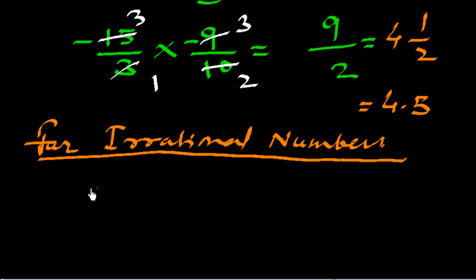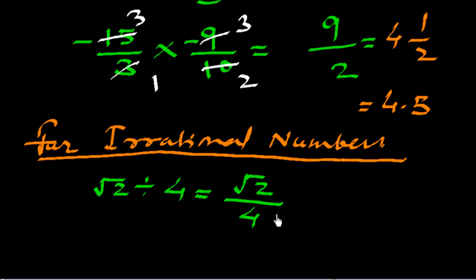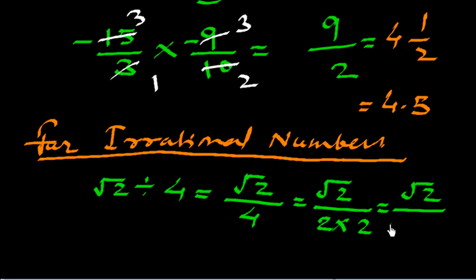We see an irrational number, we have root 2 divided by 4. So root 2 is an irrational number, we have to divide this, so we get here root 2 over 4, or we can write it in this way, root 2 over 2 into 2. We can try it in this way, root 2 over 2 into root 2 into root 2.